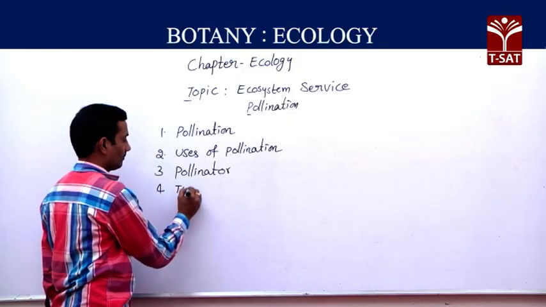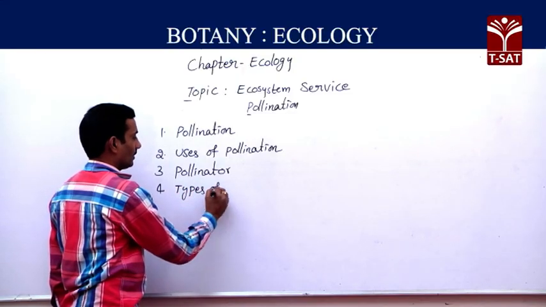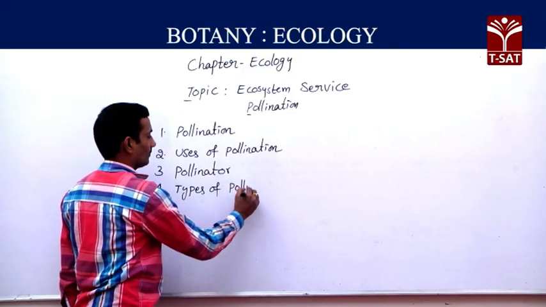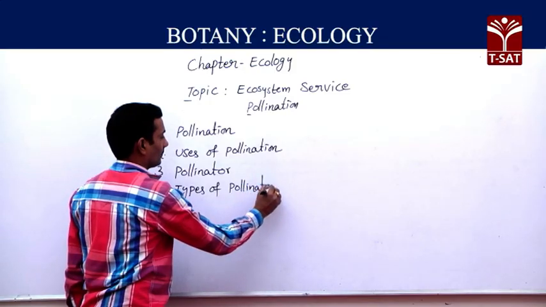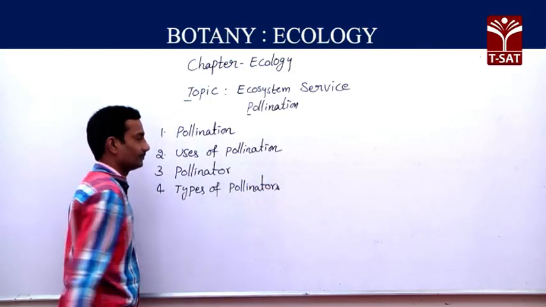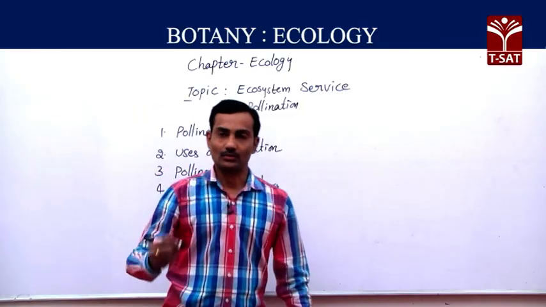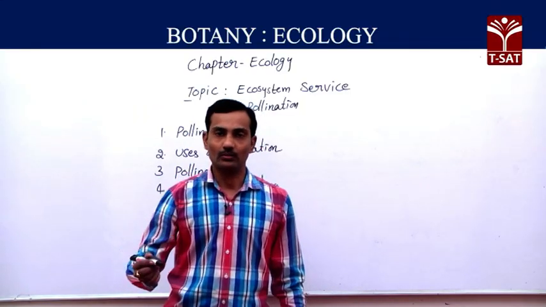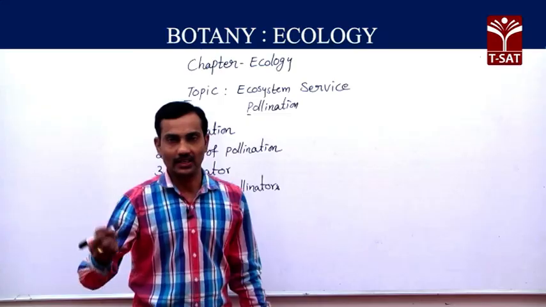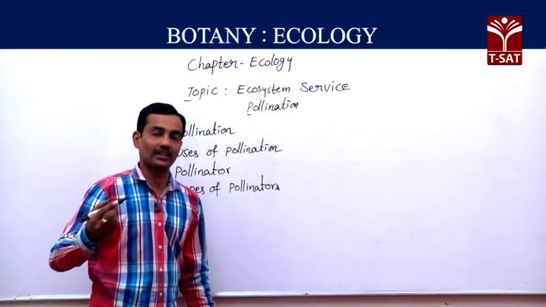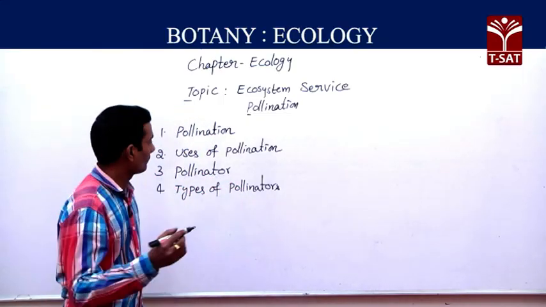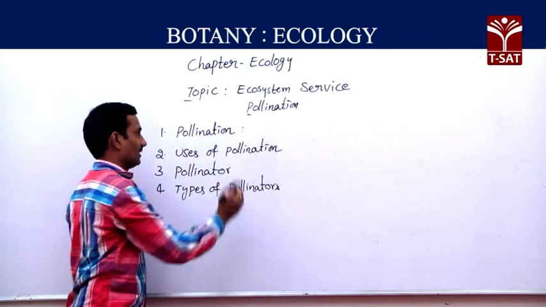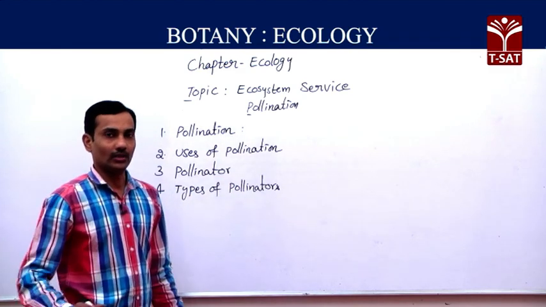Fourth, types of pollinators. Then afterwards, how pollination is helping to get agricultural yield in different countries, different places. So first, the definition of pollination.